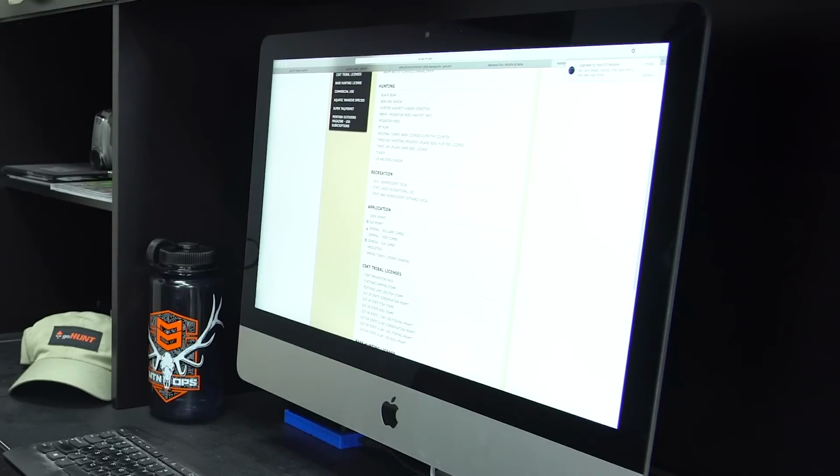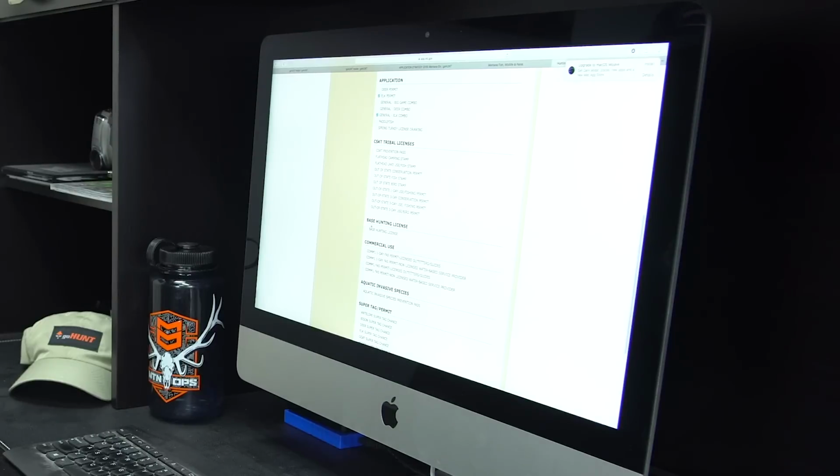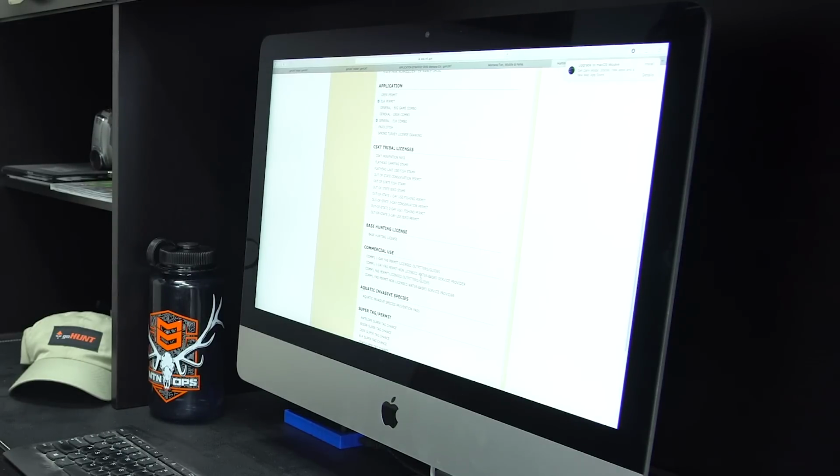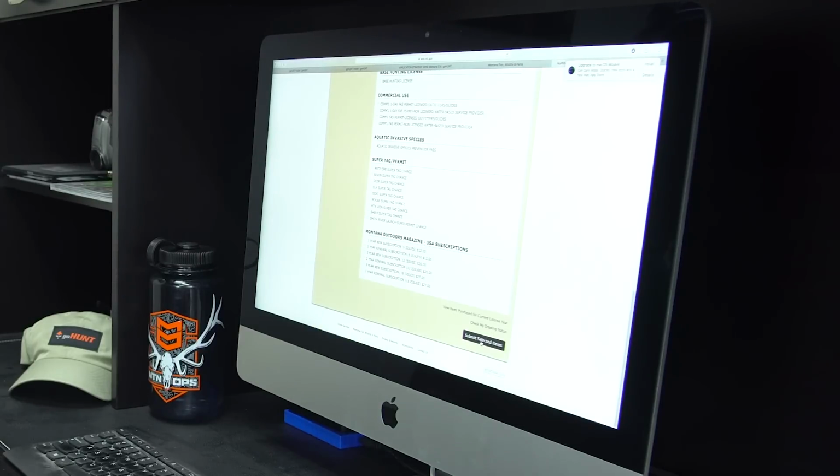Again, if you wanted the ability to hunt elk and deer on the same license, you would apply for the general big game combo. I'm only interested in hunting elk this year, so I'm applying for the general elk combo and an elk permit, which is the special permit. There's a base hunting license, there's all these different things you can get. All I'm worried about right now is my elk permit and the general elk combination license. So I'll submit that.